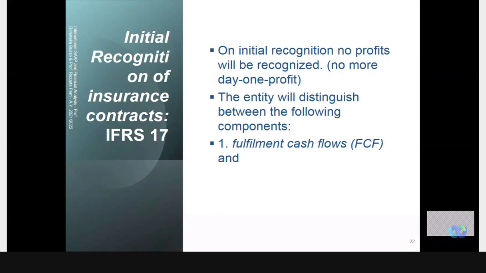Now, the fulfillment cash flow here is basically the same concept, but except for the money that goes in and out, it takes into account the time value of money. Have you considered or discussed the time value of money somewhere in your past studies? What is the time value of money that is taken into consideration by the fulfillment cash flow here?